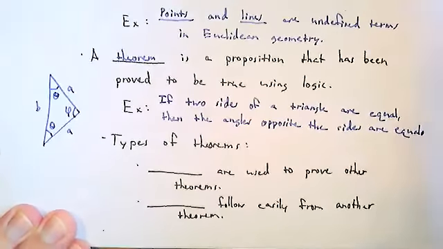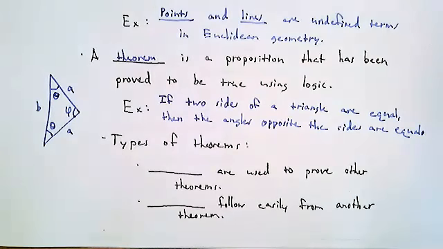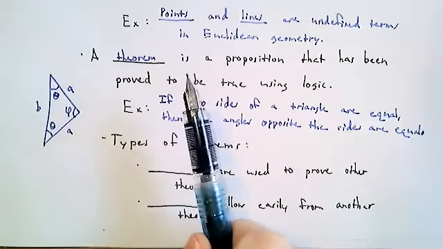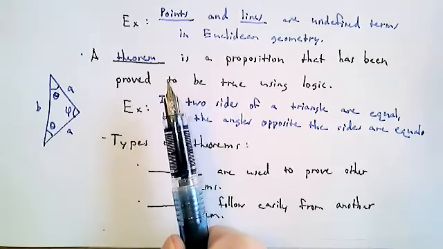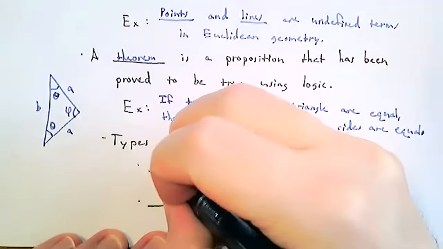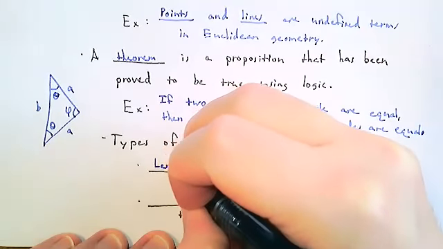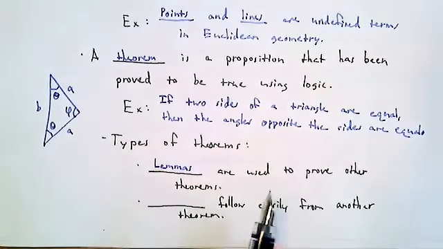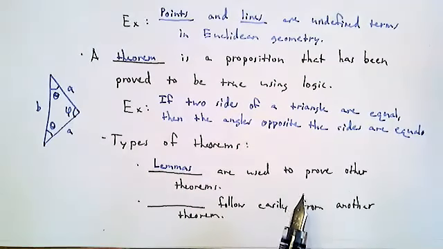And I also need to talk about two other kinds of theorems. Sometimes you don't use the word theorem. Sometimes you'll use these other words, like a lemma, L-E-M-M-A. And lemmas are used to prove other theorems.